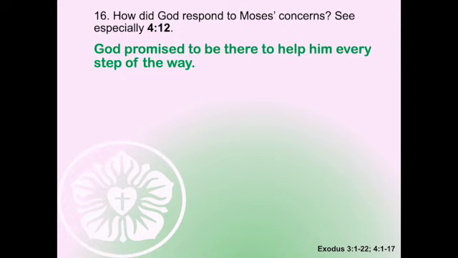Lead us to learn from the example of Moses that you have an answer for every excuse, and that most of all, you desire what is for our good, which is the freedom not from slavery, but from sin, and the freedom that we have in Christ. We ask you to be with us today and always in Jesus' name. Amen.